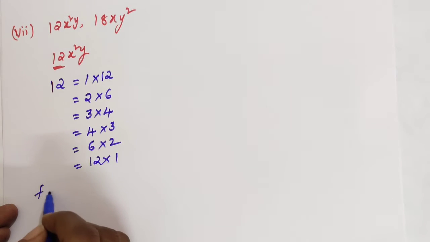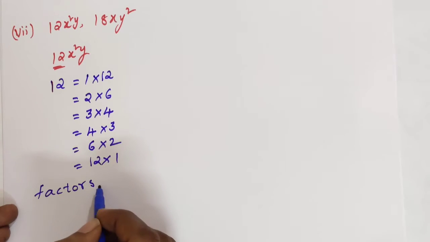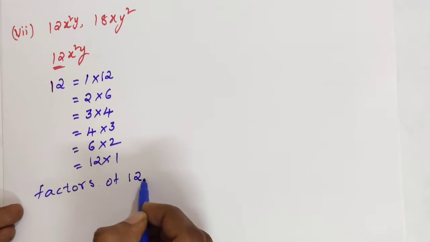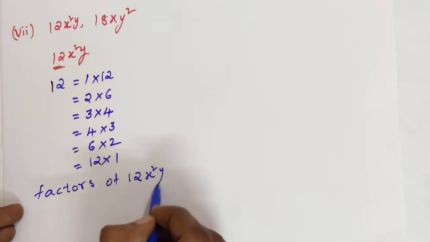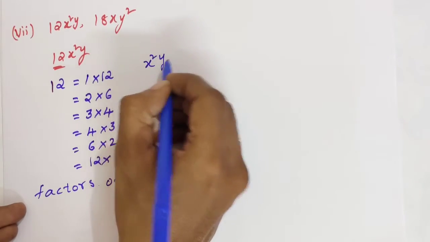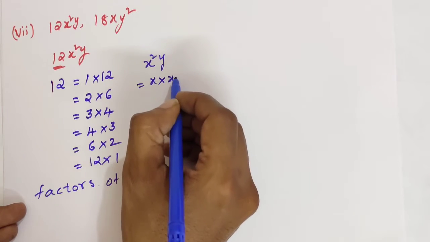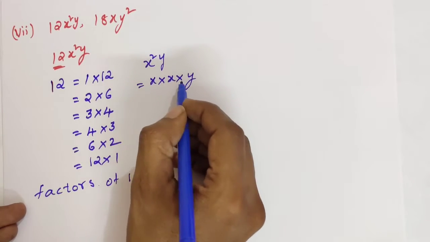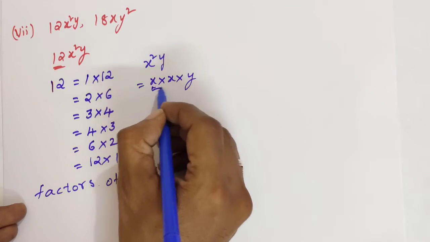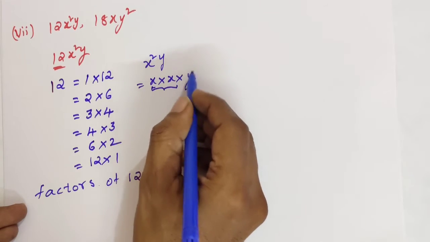Now factors of 12x square y. Okay children, here x square y is also written as, how can we write x square? Nothing but x into x into y. Here x square has exponent 2, that's why we can take it as x into x multiplied by x into y.